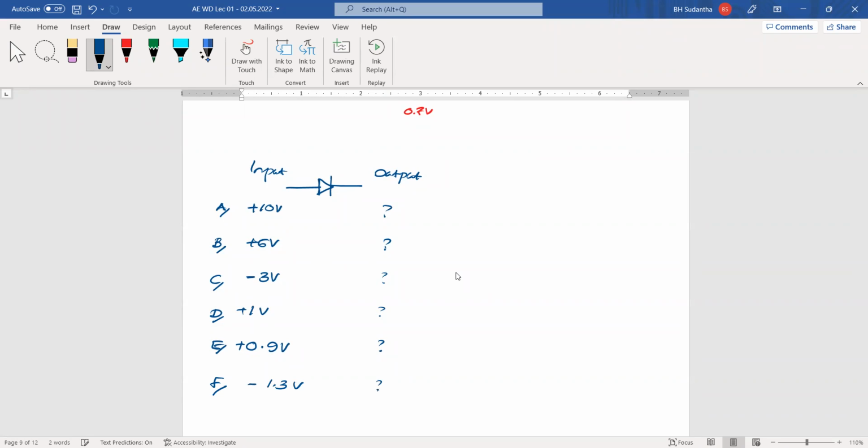Then this side, what is the voltage? Can you write down those things there on the chat? What are the answers you have received?